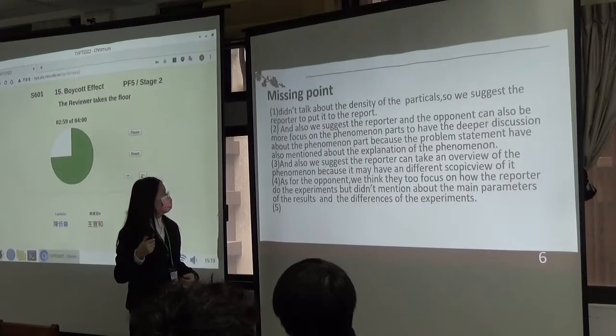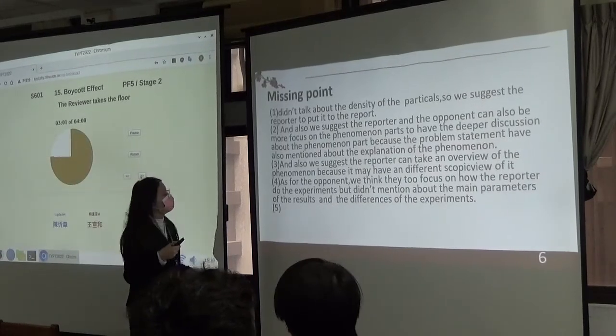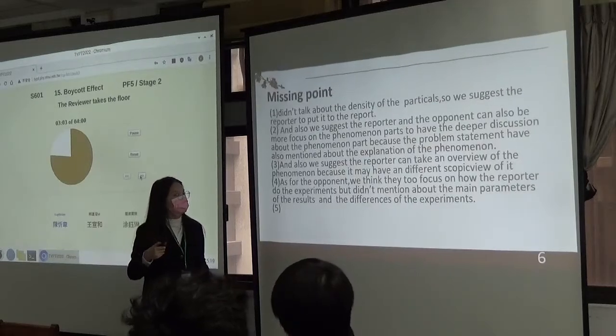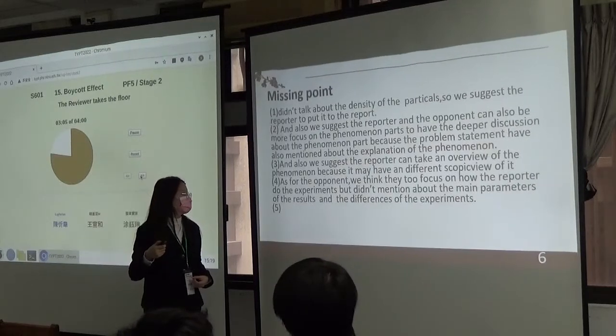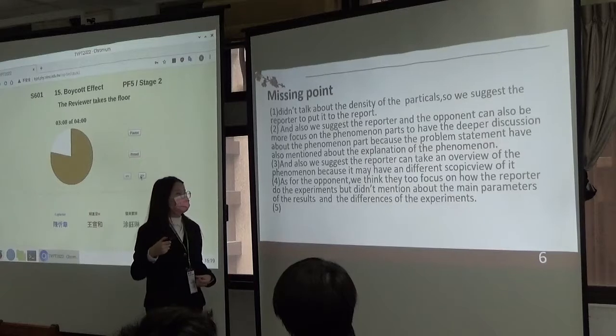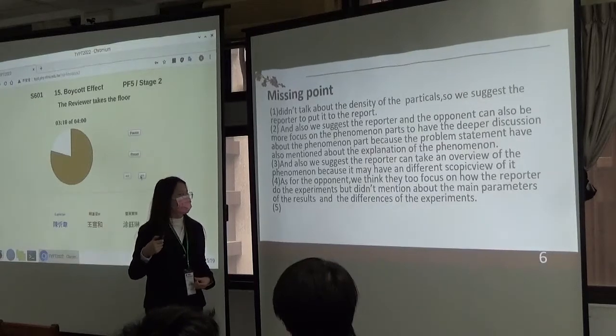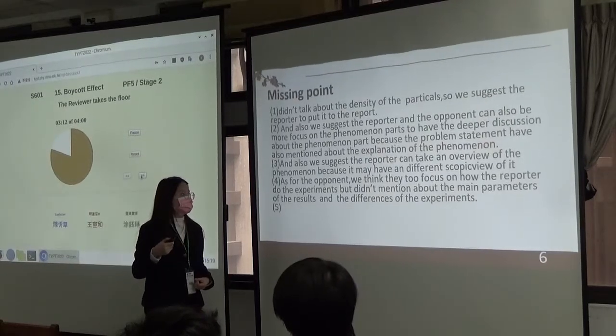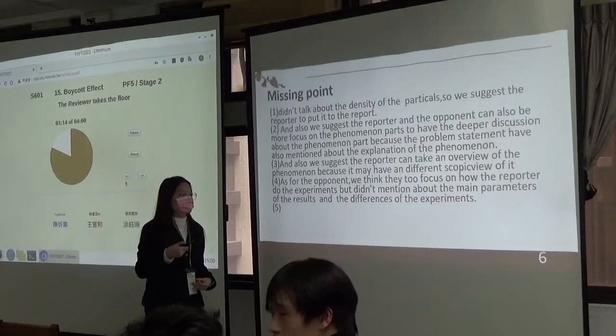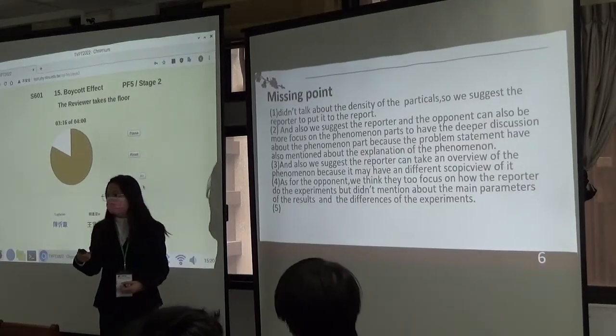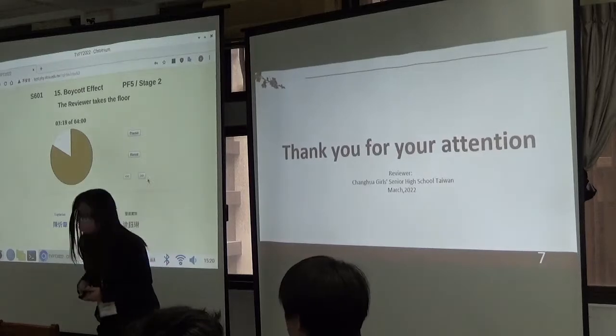And fourth, as for the opponents, we think they focus too much on how the reporter did the experiments, but didn't mention the main parameters of the results and the differences of the experiments. Okay, that's it. Thank you.